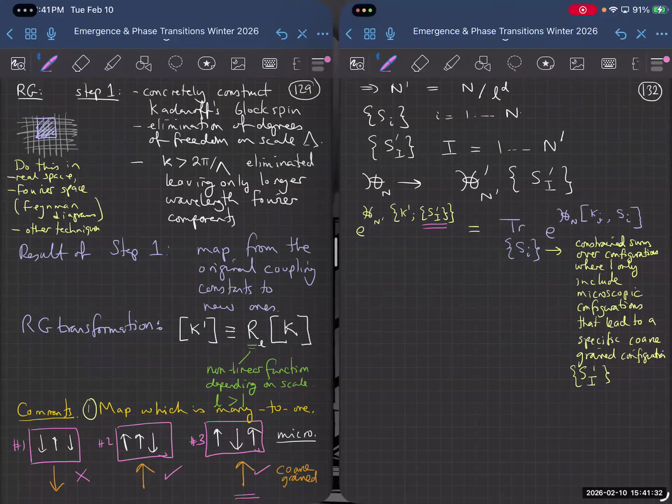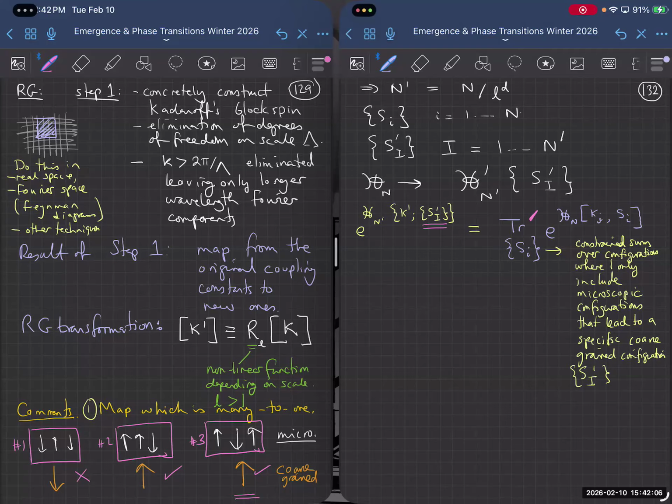That's the thing that you see on the left-hand side. You decided you wanted to know the up one. Now, when I do this sum over here, this is a constrained sum. So I'll put a prime on this trace, just to let you know that this is a constrained trace. It's not the full trace that you would have if you were just trying to compute the partition function.